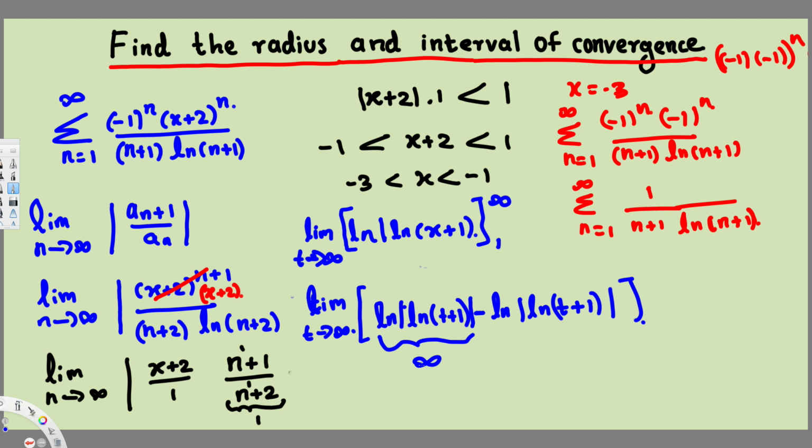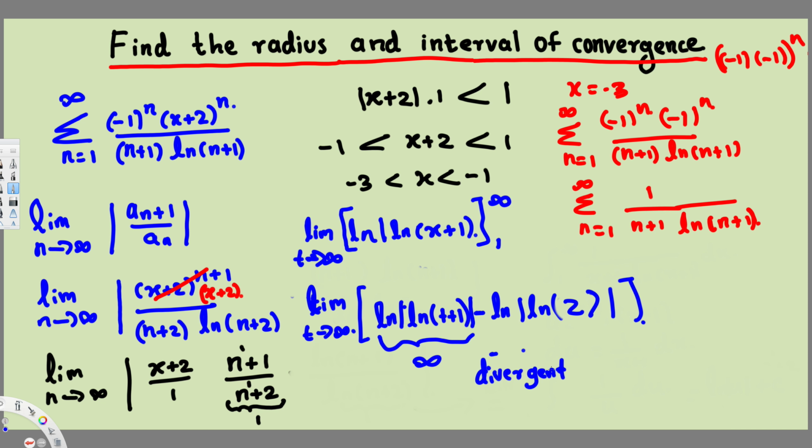You can write 2 right here because 1 plus 1 is 2, so we can just write ln 2 right here. And it doesn't matter whatever number you subtract, it's not going to make any difference because we have infinity right here. If you subtract, it's still going to be infinity. So this is infinity. Since the limit is infinity, we know that this is divergent.